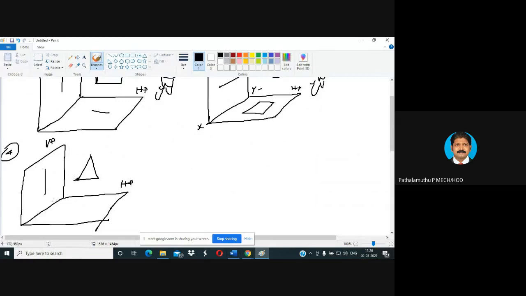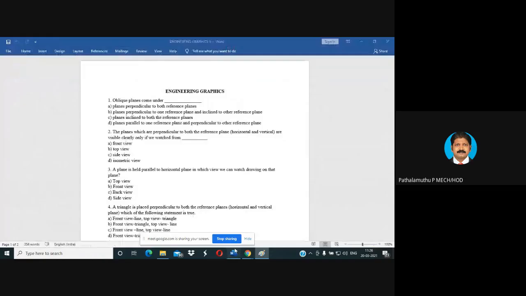The options: first, front view is a line, top view is a triangle: false. Another, front view is a triangle, top view is a line: false. Front view is a line, top view is a line: correct. Fourth option, front view is a triangle, top view is a line: false. So the third option is correct: front and top views are both lines. So option C is the correct answer for question number 4.